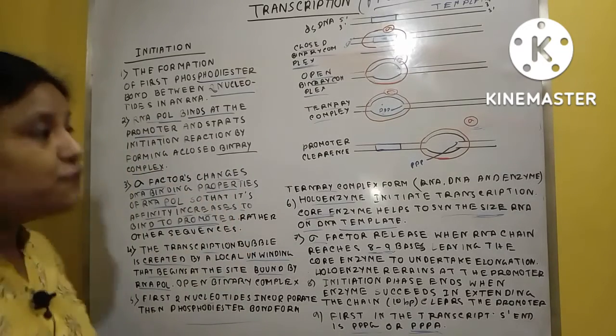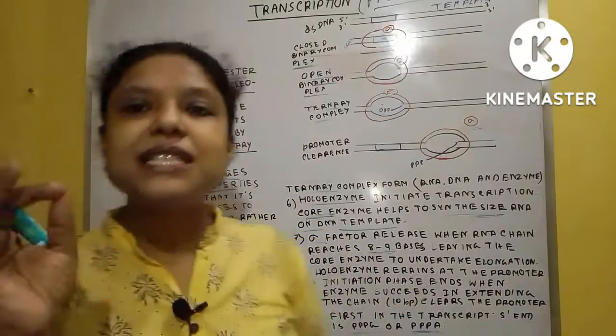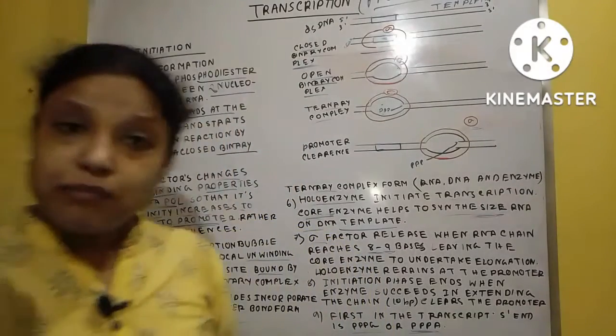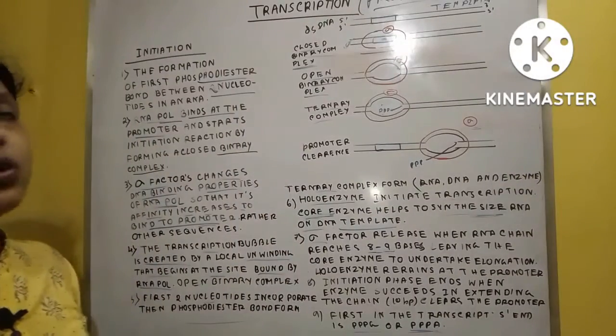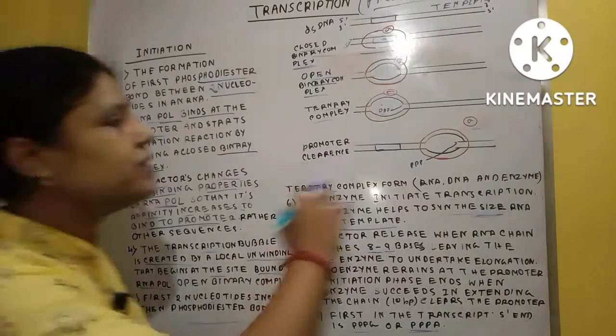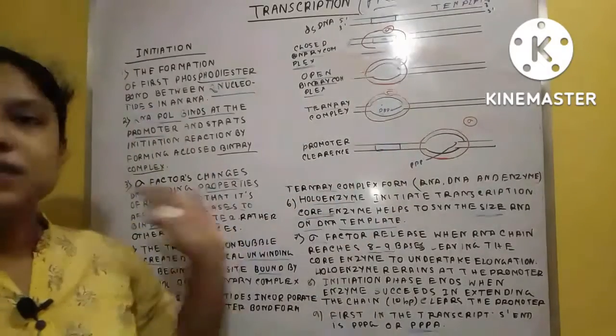There is another difference between transcription and DNA replication: in DNA replication, a primer is very important. Without a primer, the replication process is not done. But here the holoenzyme, meaning the sigma factor, is not necessary for continuing the transcription process. But the core enzyme is important for continuing the transcription process.